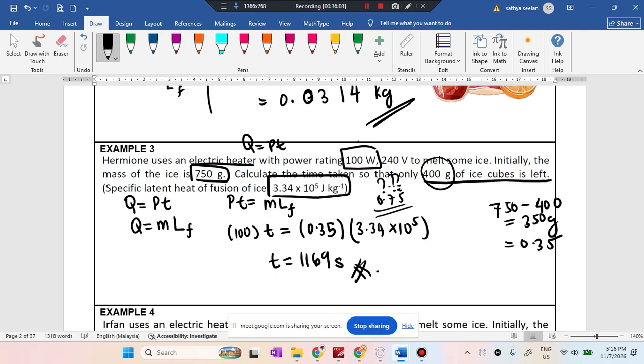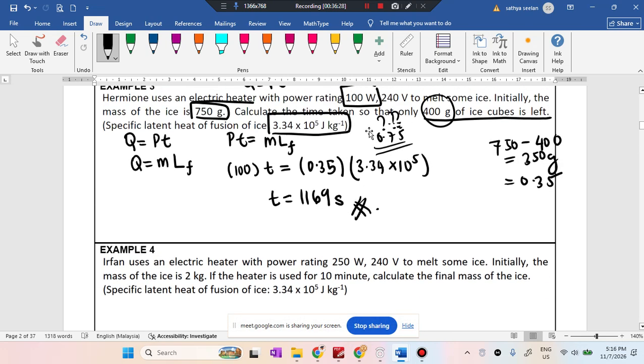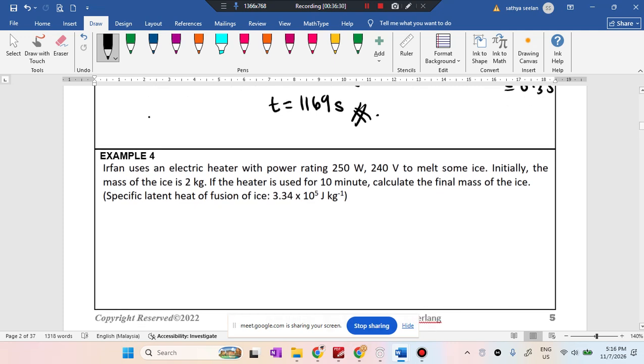So T equal to 1169 second. Okay. Okay, next one.